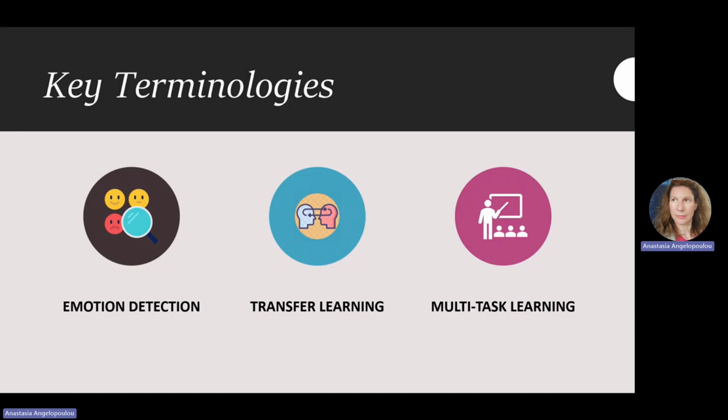Secondly, transfer learning is also very important for our study. Transfer learning allows utilization of a pre-trained model that has already been trained, has knowledge and understanding, and then retrains it for a downstream task. And this is what we are doing with our study as well.